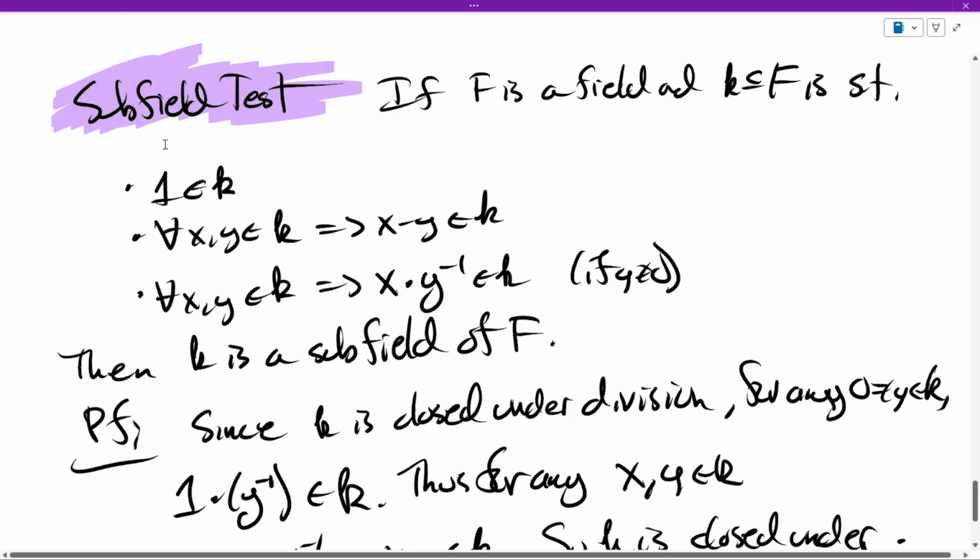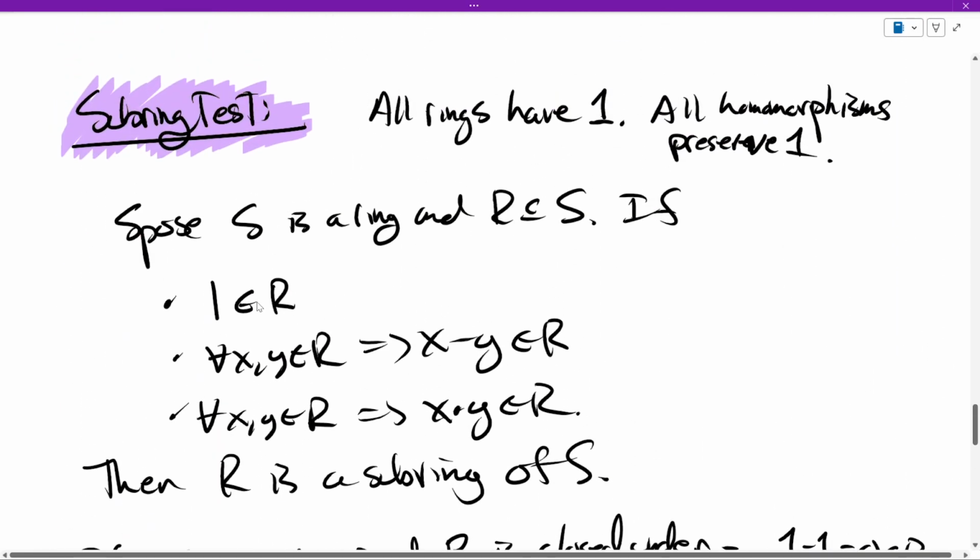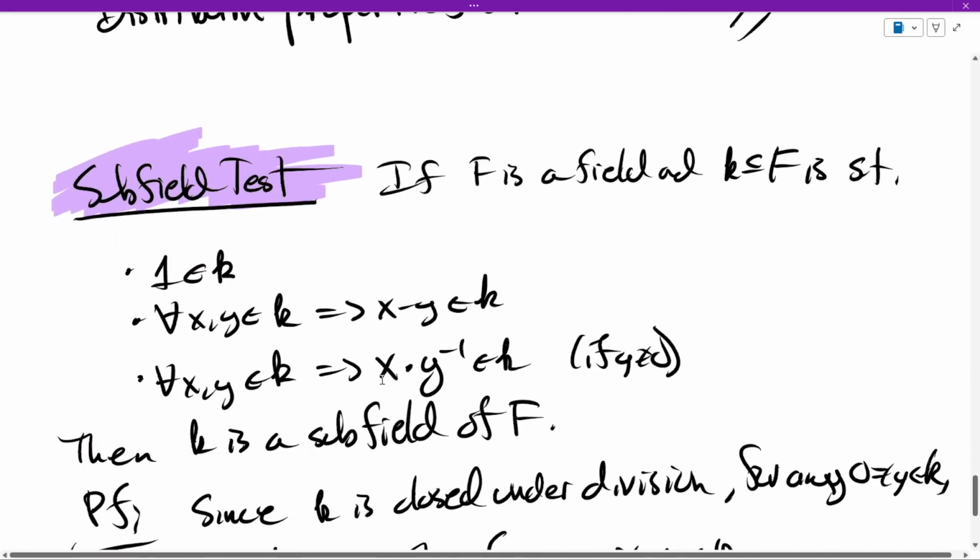I prefer to think about the subfield test as this: the first condition is a non-empty condition, and then closed under differences and closed under division. For subrings, you don't get division, so it's a non-empty condition, closed under differences, and then closed under multiplication. All right.